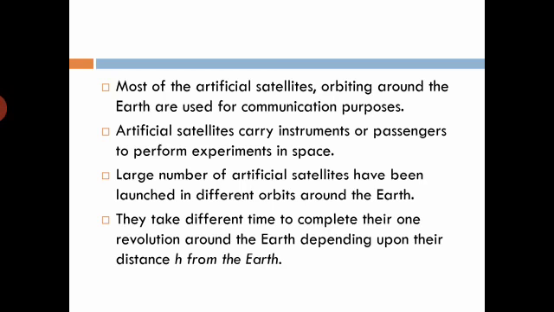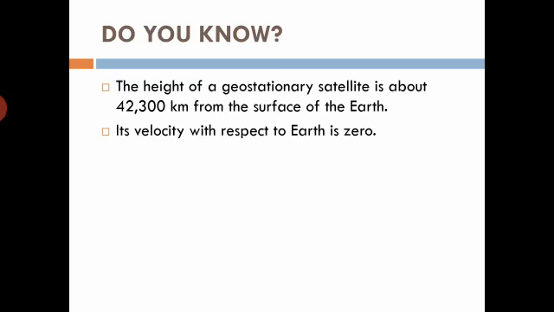Why are they known as geostationary? Because its velocity with respect to the Earth is 0. They complete the revolution around the Earth in the same manner as the Earth. If Earth completes one revolution in 24 hours, they also complete their one revolution in 24 hours.